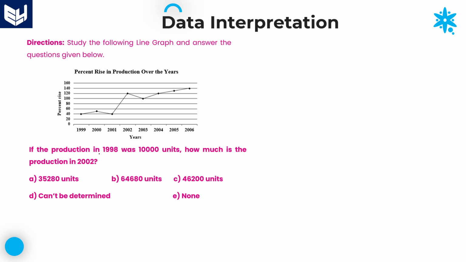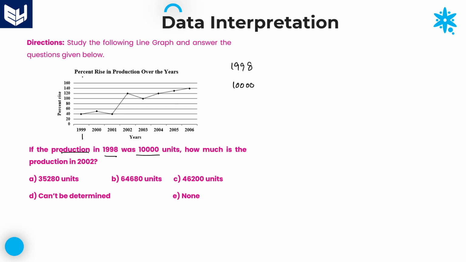Last question in this session. See here, if the production in 1998 was 10,000, and 1999 is the year starting, he is saying that in 1998 the production value is given as 10,000.